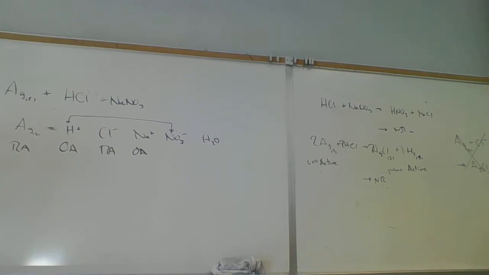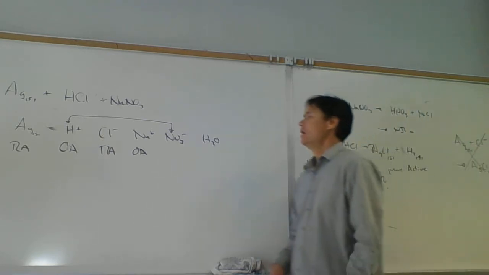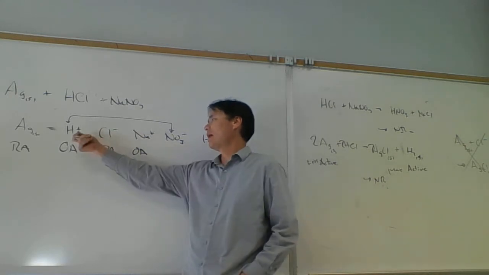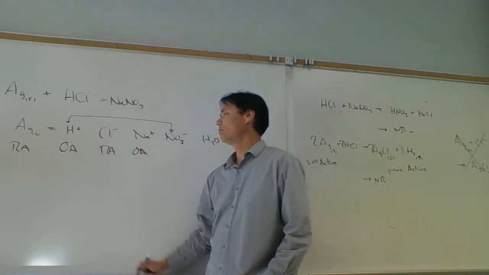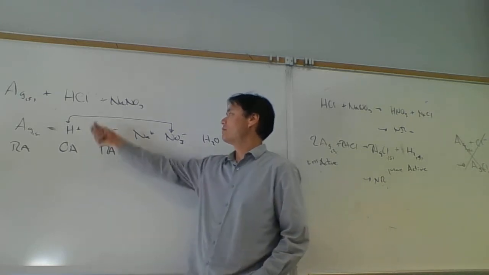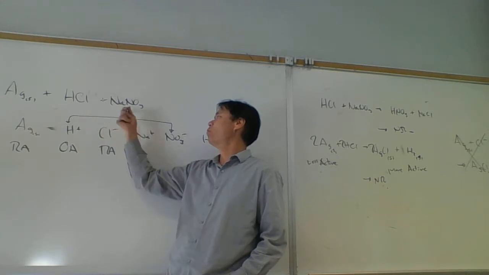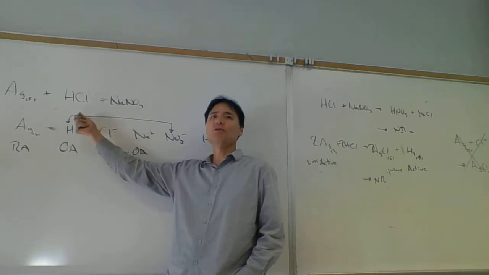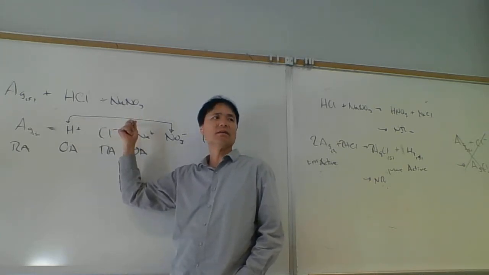But what might happen would be I don't have enough nitrate or I don't have enough H plus, so not all of it reacts, but whatever does react will react in the right ratio. I might have too much H plus, I might have too little. It depends on the concentration. This might be 6 molar HCl and 1 molar nitrate, then I have plenty.